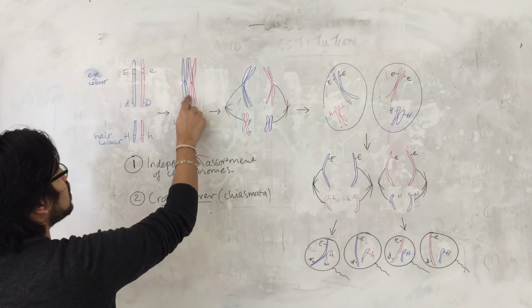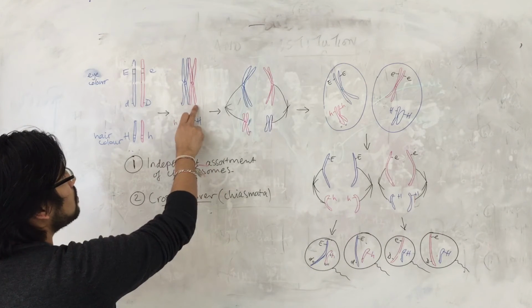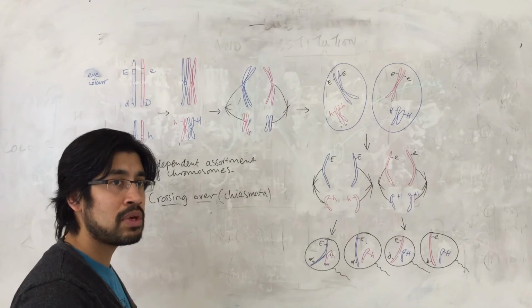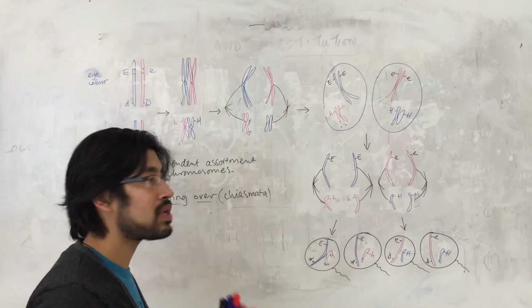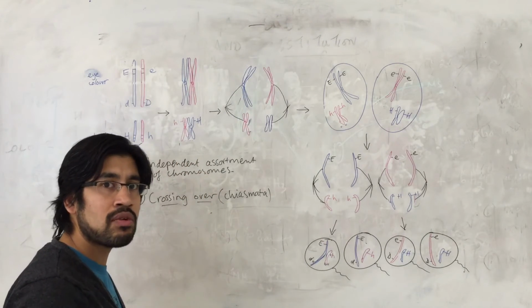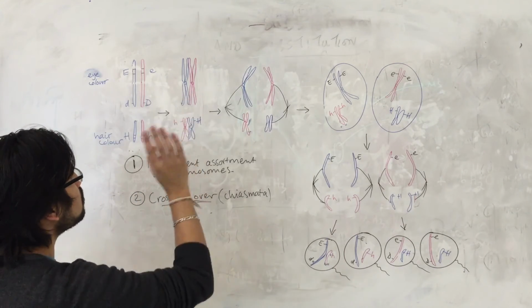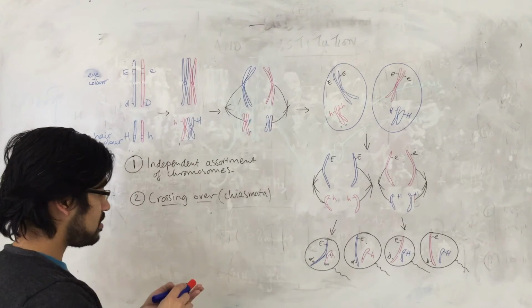And so what would occur here, and they have to be non-sister, because remember, if the sister chromatids exchange DNA, because that DNA is identical, because it was produced from replication, the crossing over between sister chromatids would generate no new allele combinations because they're identical. So we always talk about the crossing over between the non-sister chromatids.